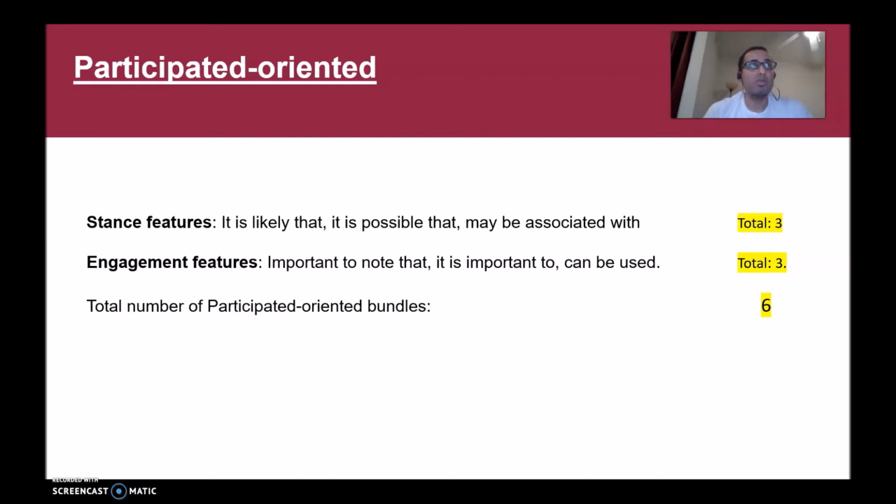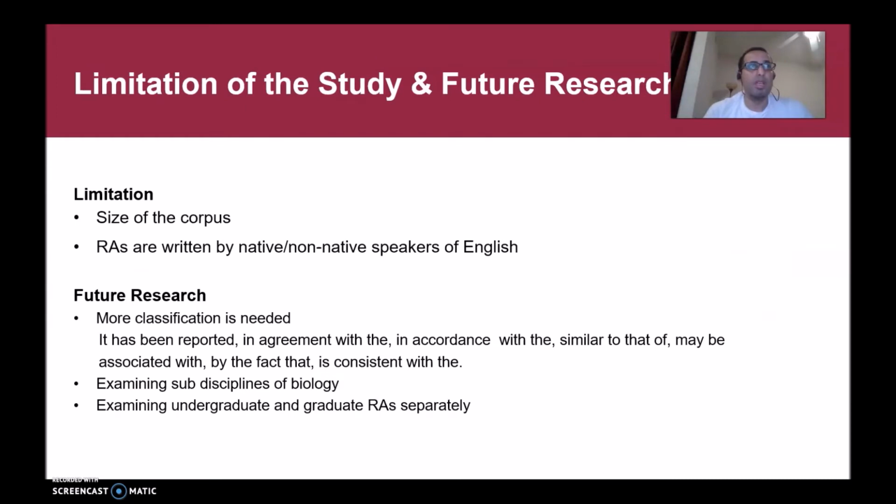When it comes to participant oriented, there are 6 examples like stance features: it's likely that, it's possible that. So the limitation of the current study is the size of the corpus. It should be larger, and research articles are collected from native and non-native speakers of English.